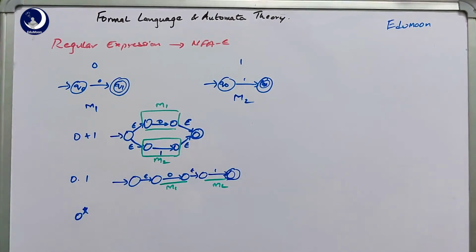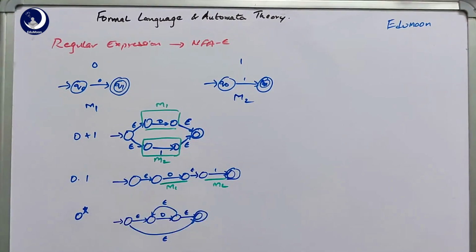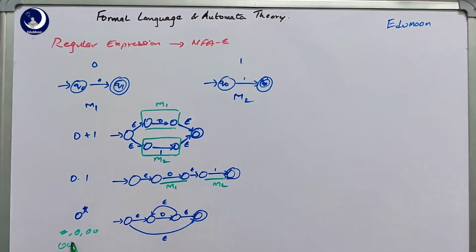Now finally, 0 star, that is the closure operator. This is how we design 0 star, where without any symbols we can already get accepted, because epsilon is also part of 0 star. So only with an epsilon move it goes to the final state. For example, this machine will generate strings like epsilon, 0, 0 0, 0 0 0 and so on, any number of zeros.